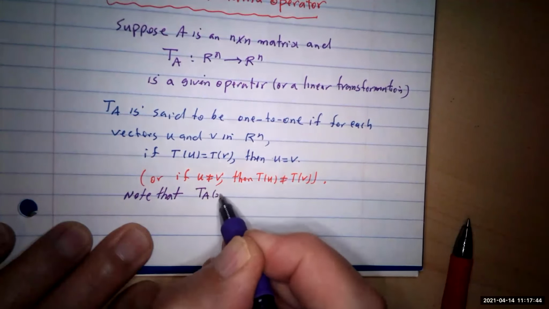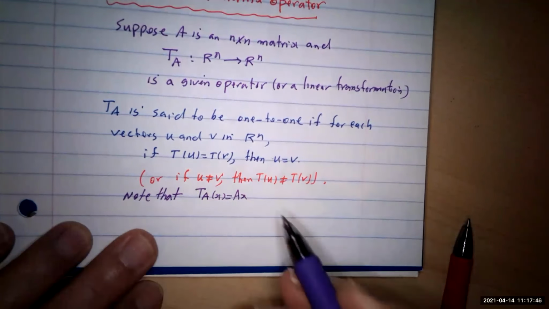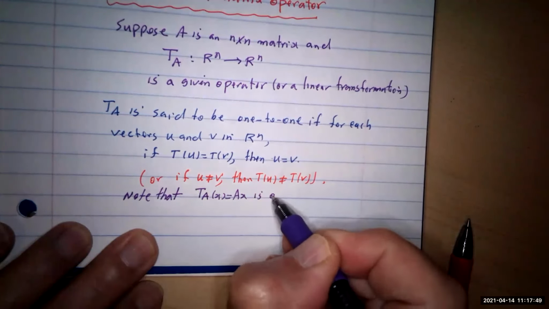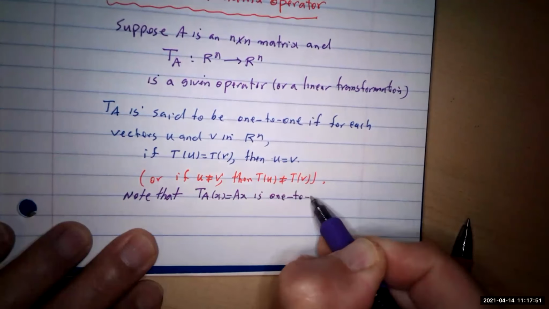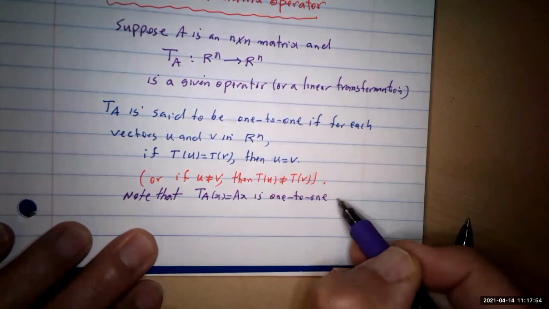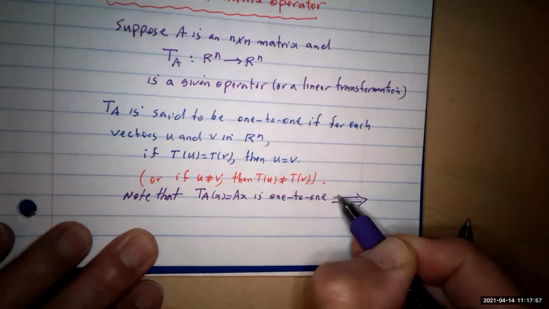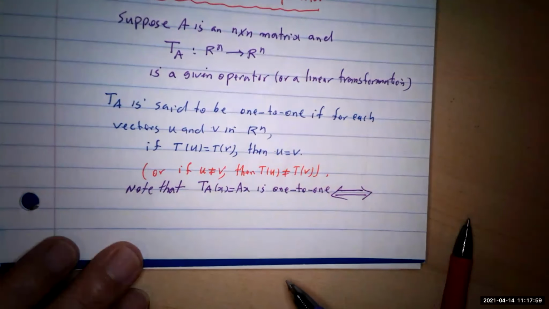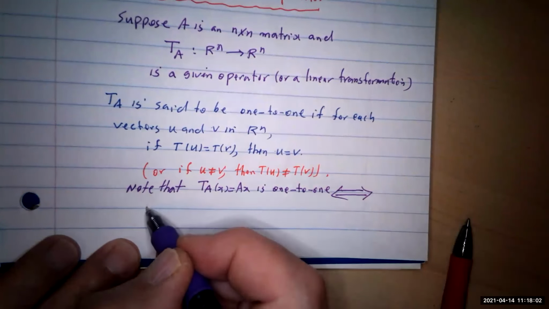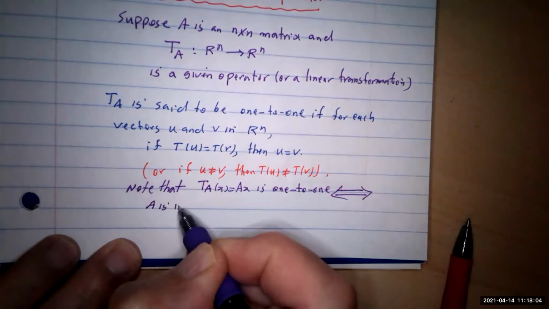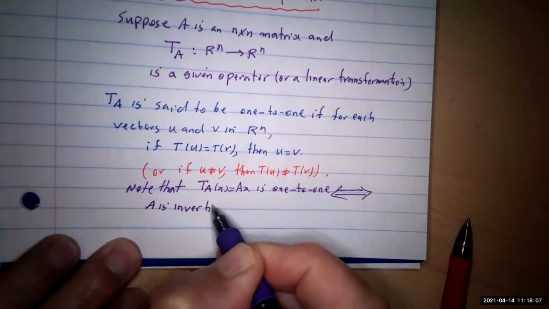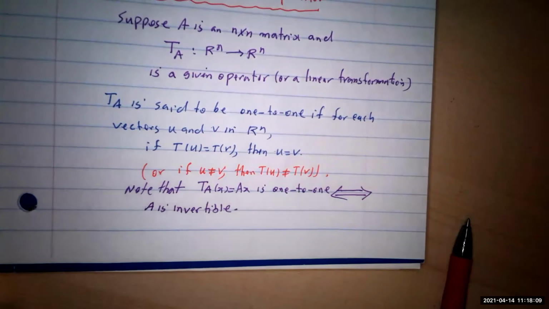You know that the formula A times X is going to be one-to-one if and only if the matrix A is invertible. Okay, and it's easy to prove that this is going to be the case. I can prove it for you, so you can have a look.